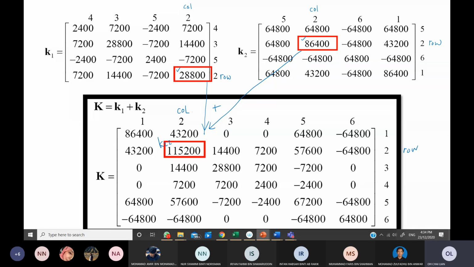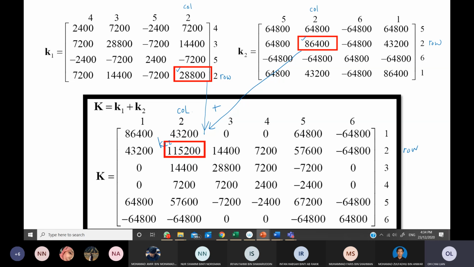If you are being evaluated, or the problem given does not require you to determine the structure stiffness matrix, we do not actually need to determine all of this. We just determine whatever will be used to solve the problem. But I have to show you all of this, so at least you have a feeling of how to establish the structure stiffness matrix.